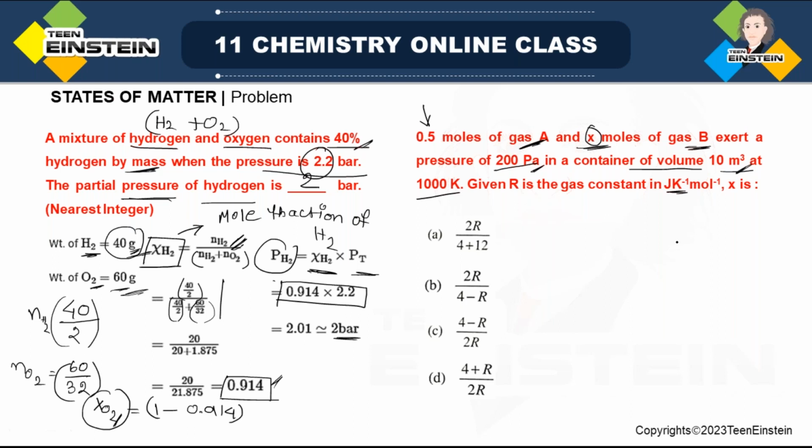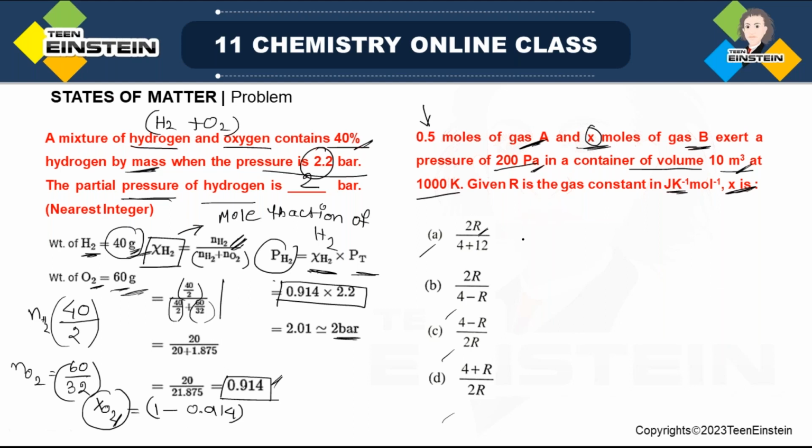Okay. Now we have two components, A and B. For component A the total moles are given, but for the second component we do not know the corresponding number of moles. So that we actually have to find out. So X is any of these four options, which are in terms of R, the universal gas constant.